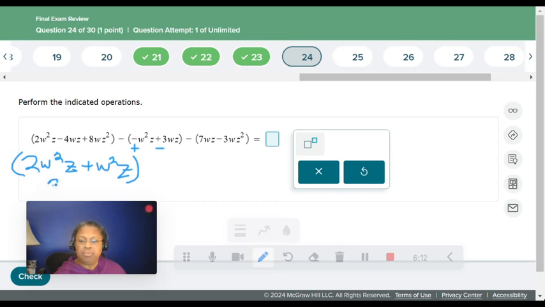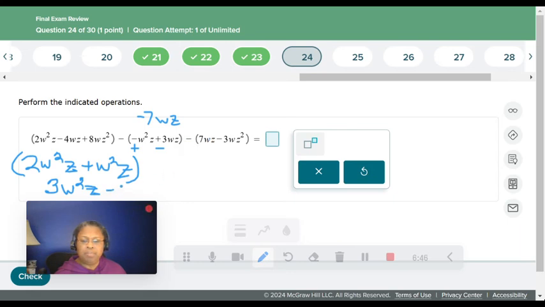This is going to equal 3W squared Z. Then we have minus 4WZ minus 3WZ. So it's going to be minus 7WZ. And then we have another WZ term here. So that's minus 7.